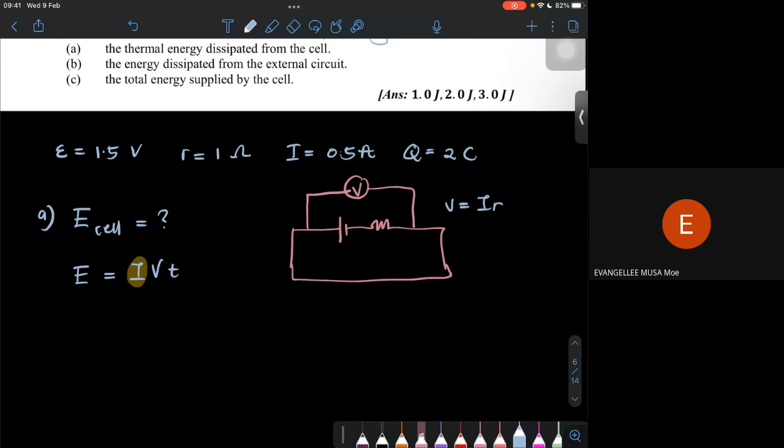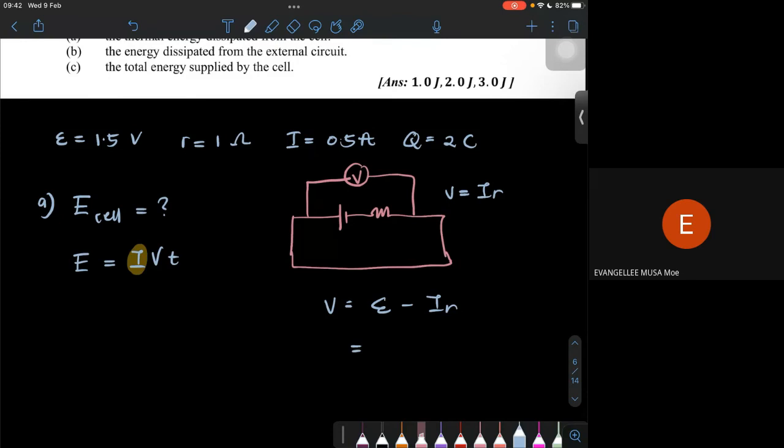Miss, yes. Bukan guna yang EMF minus IR tu, kak? EMF minus... this one, V is equal to E minus IR.